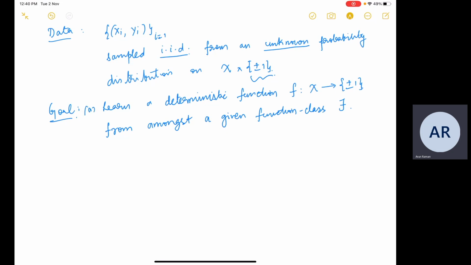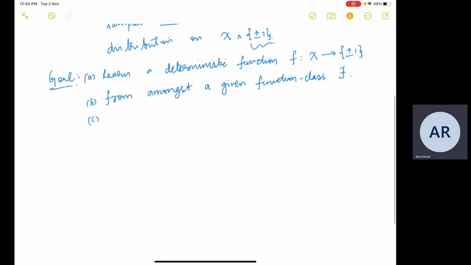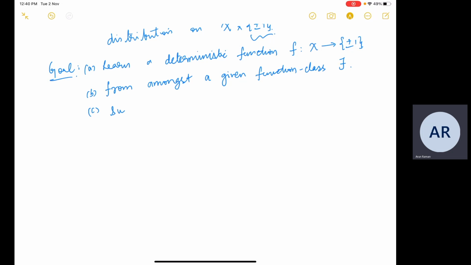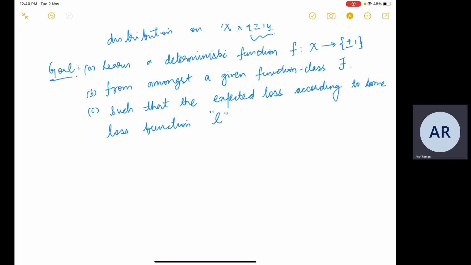And the function will be such that the expected loss according to some loss function L is minimized. Okay, so we are interested in minimizing the expected loss function.